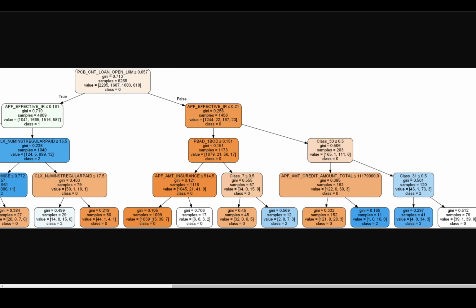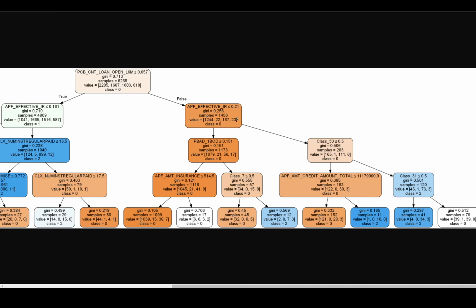So the class 0 and the purity is so high here, in other words impurity is so low, and it is defined the way that the PCB candle open in last 6 months is less than 0.7, let's say, and it's false, so it's higher, right? False. Then the affected interest rate is less than 0.2, and if you are going to the left, it's true, right?